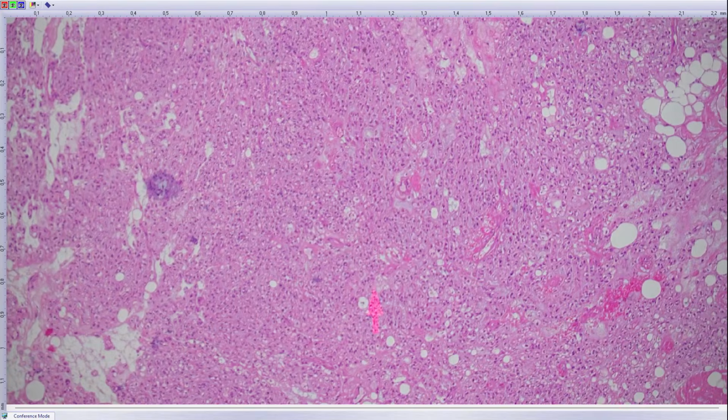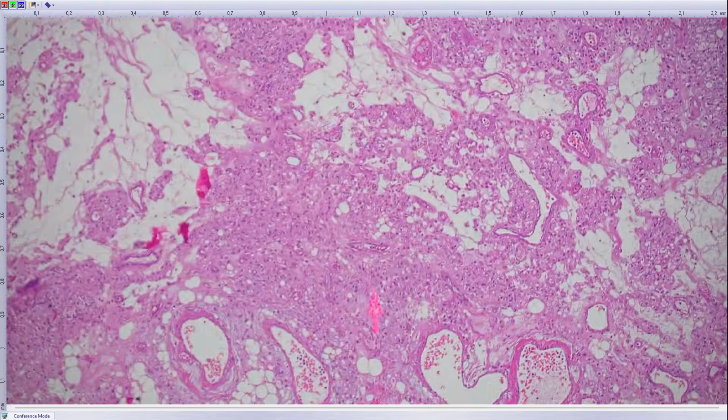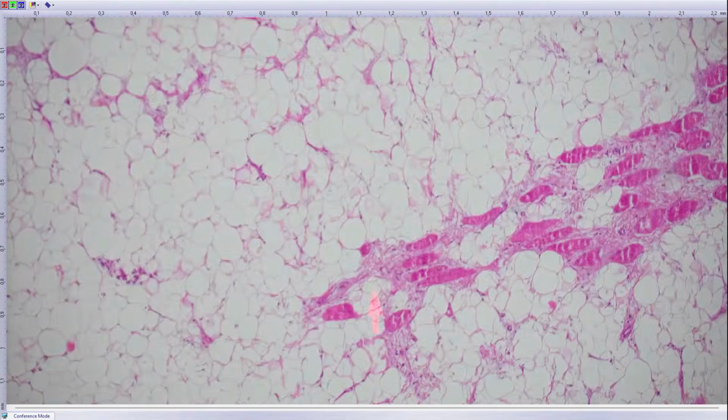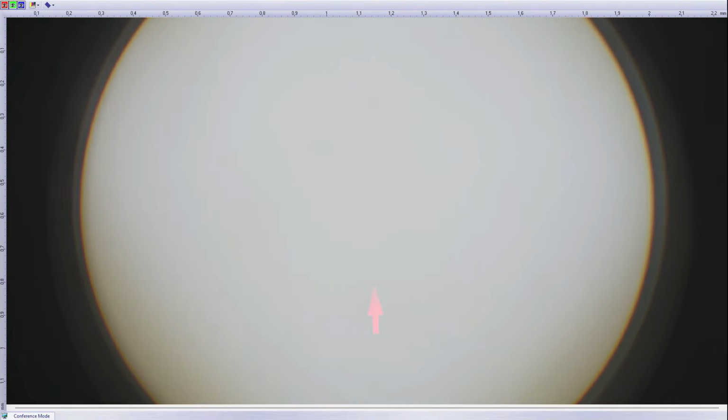There is typically an MKL2 fusion, which was confirmed in this case. So you have here the immature lipoblastic appearance of the adipose tissue combined with the mature adipose tissue. Typical location again, extremities, deeply located inside the skeletal muscles.